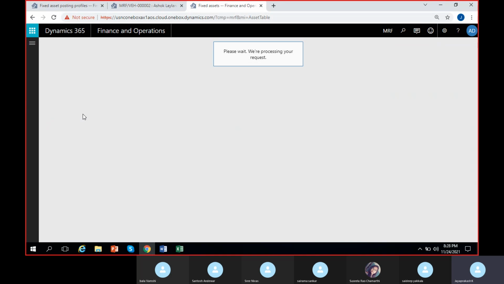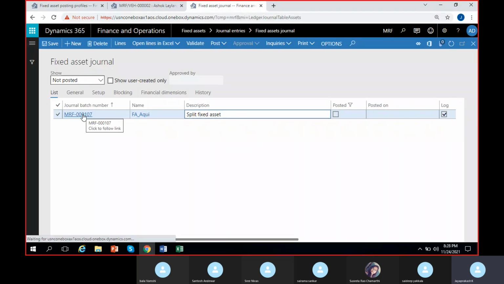In the same way, you can create another journal for fixed asset sale also. It depends on the practice. Some people will have a fixed asset common journal for all the transactions of assets, but some people will have separate journals for fixed asset acquisition, fixed asset depreciation, fixed asset sales, fixed asset revaluation. They'll have separate journals created, all with the journal type as post fixed assets only.